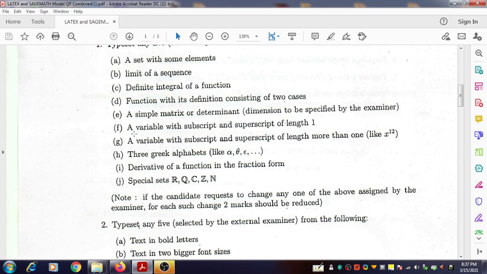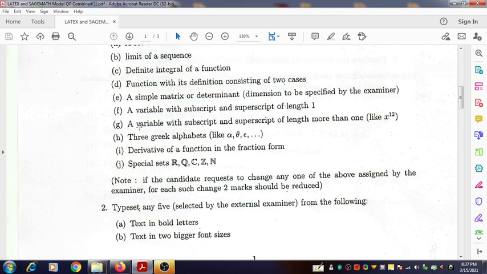Next question is a variable with subscript and superscript of length 1. Then the next question is you have to display a variable with subscript and superscript of length more than 1.